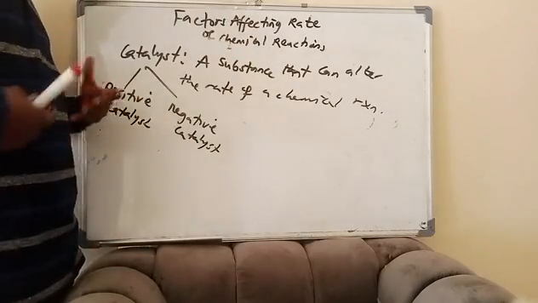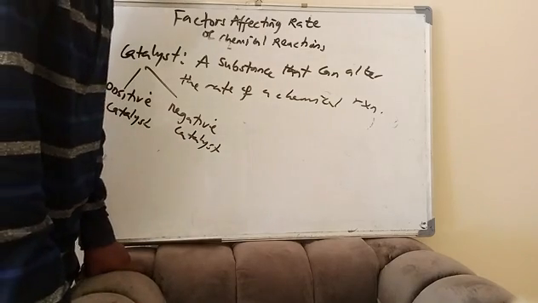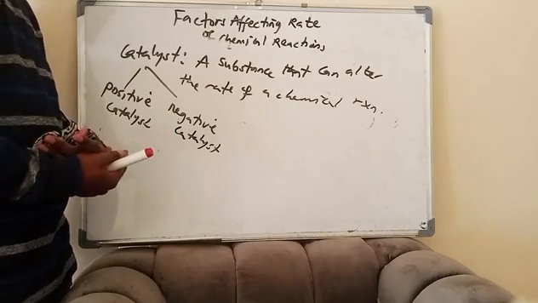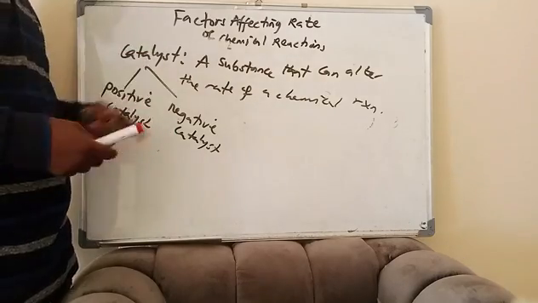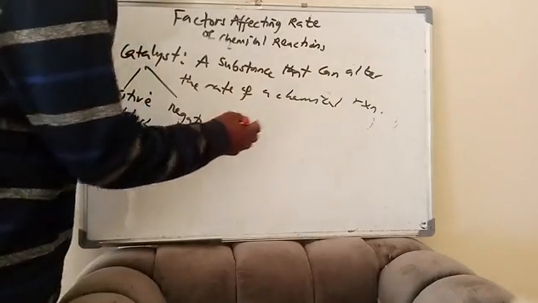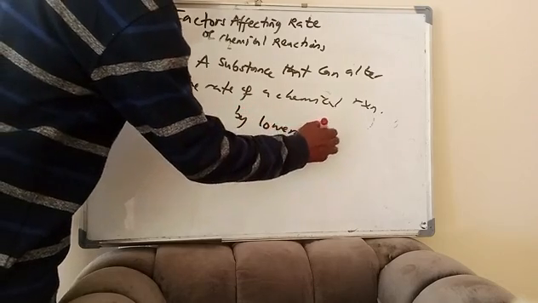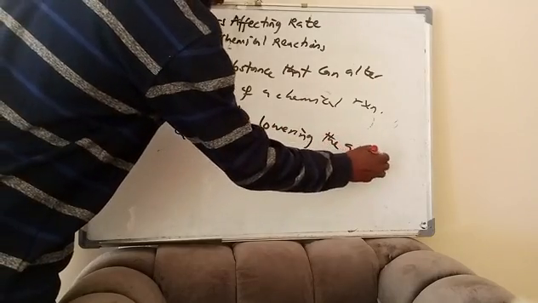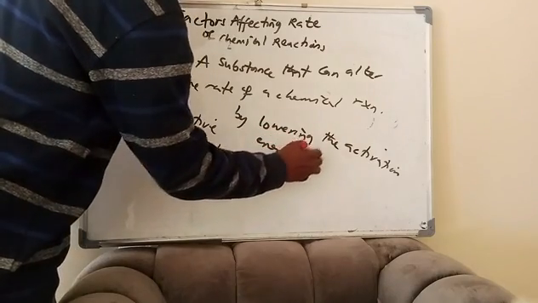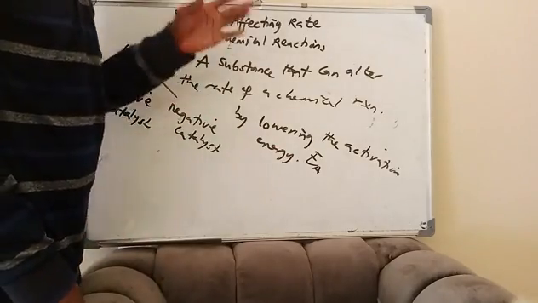You can add this catalyst into your reaction. At the end of the day, the catalyst does not partake in the reaction. Instead, it only helps in speeding up the reaction. And how does the catalyst speed up a reaction? It does that by lowering the activation energy. We mentioned that activation energy is the minimum energy required for a reaction to take place.